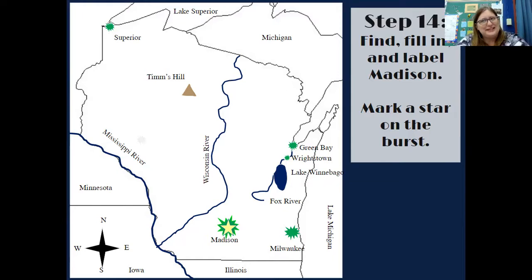So we need to remember it as the capital, and we want to know where it is. If you fill this out green, I will be giving you a star sticker when you get here on Wednesday, so that you will have that visual of it being the capital. So that is the last thing that we are labeling on our Wisconsin map.